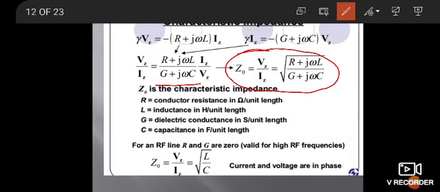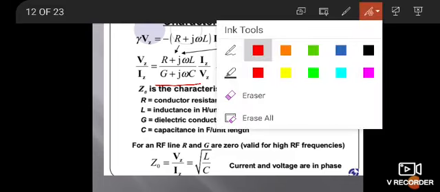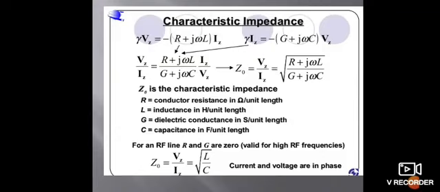So for an RF line, at high radio frequencies, R and G are going to be equal to 0. That means you get the square root of j omega L by j omega C. The imaginary part, that is j omega, is going to be cancelled.